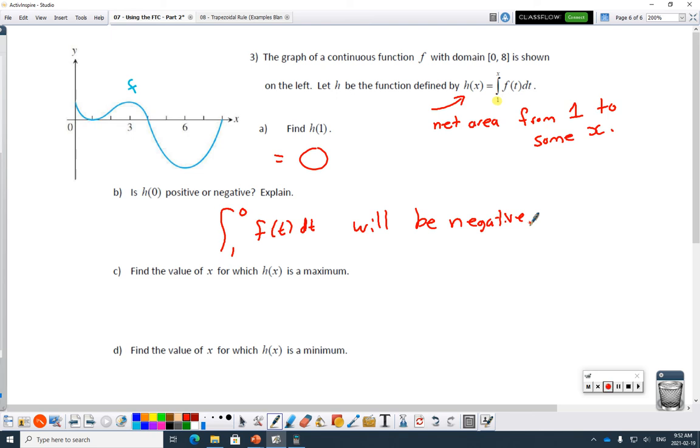H at 1 is 0. H at 1.1, it's going to now be positive. H at 1.2, positive, still adding stuff, still adding stuff, still adding. We're adding area for a long time. And at some point, we stop adding area. The area value stops getting bigger and starts to get smaller.